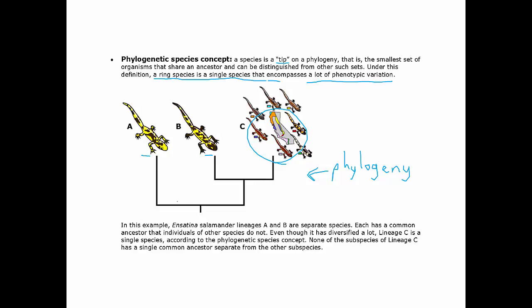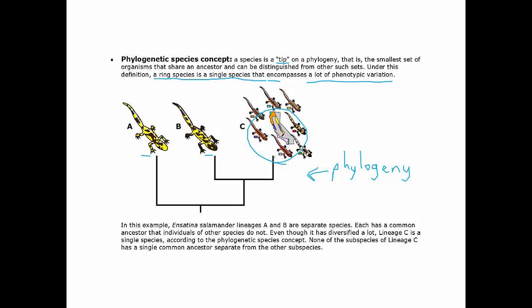If we look at this example here, the salamander in lineage A and the salamander in lineage B are different species, but they each have a common ancestor that individuals of other species do not. Even though it has diversified a lot, lineage C is a single species according to this. And none of the subspecies in lineage C have a single common ancestor separate from other subspecies.